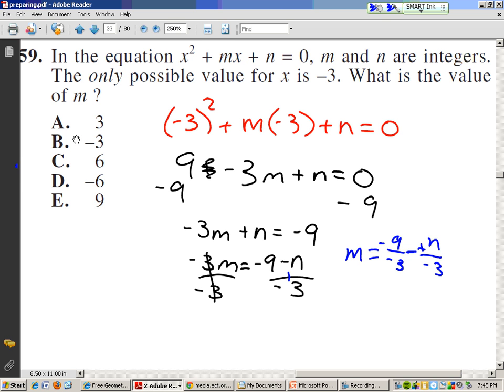As long as there's at least one negative between them, that's all that matters. I could put plus a negative n, doesn't matter. So m equals 3, and I'm going to cancel this negative over negative here and make it positive. So it's 3 plus n divided by 3.